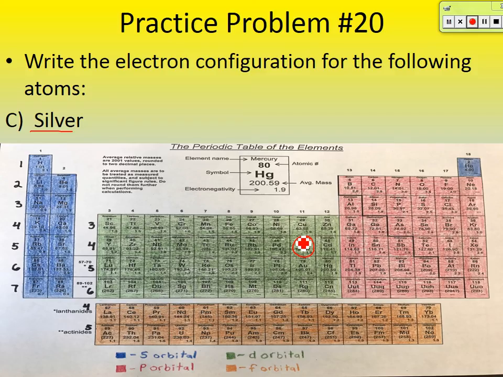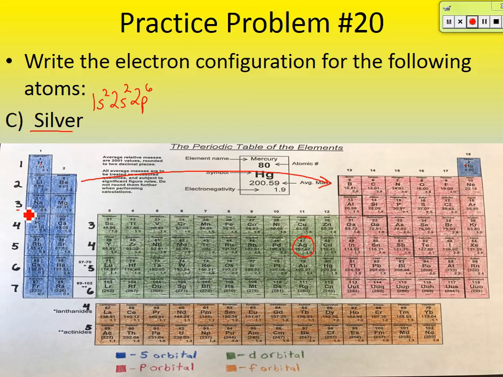Here we go. First energy level, s orbital, 2 electrons. Second energy level, s orbital, 2 electrons. Okay, move across. Still in the second energy level, but now p orbitals. There's 6 electrons that fit there, so 2p6.